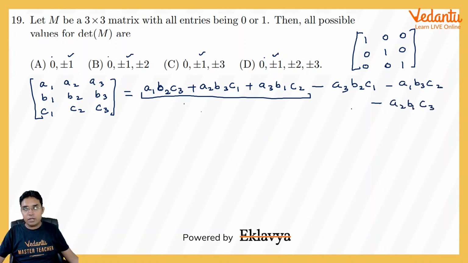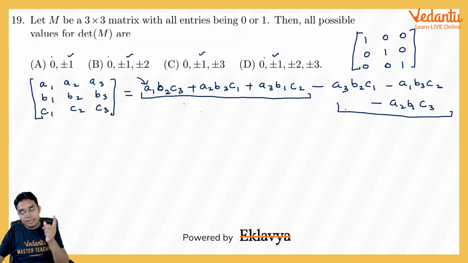Now there is one thing to notice here, that every element you can check, like A1, it is coming exactly once in these 3 terms, and it is coming exactly once in these 3 terms. So every element is coming in those 3 terms which are with plus sign, and exactly once in those 3 terms which are with minus sign.